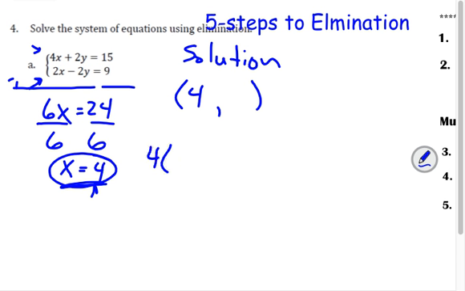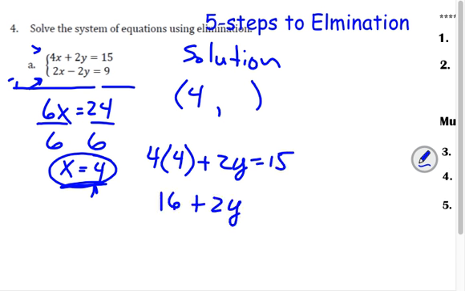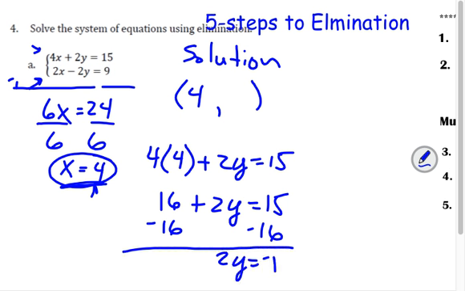So I get 4 times 4 plus 2y equals 15. This is 16 plus 2y equals 15. Subtracting 16 from both sides, I get 2y equals negative 1. If you divide both sides by 2 here, you get y equals negative 1/2.